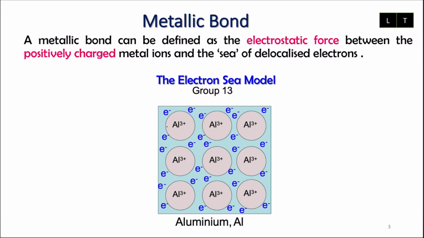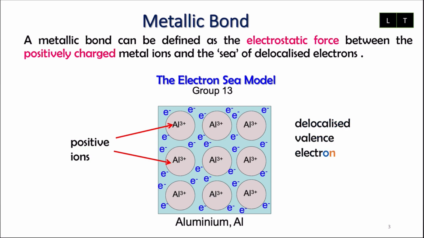So in order for it to achieve the stability, it will donate 3 electrons and forming Al3+ ions. So these all are the positive ions, Al3+. And you can see that in the electron sea model, you got another electrons around Al3+ ion. That's what we call as delocalized valence electrons.